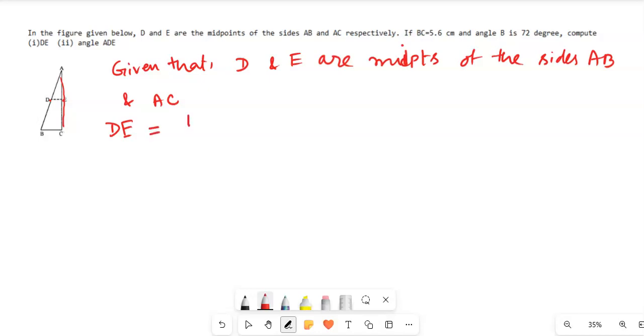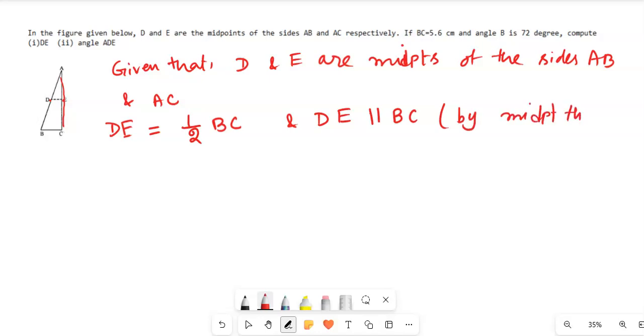Therefore, by midpoint theorem, DE equal to half of BC and DE is parallel to BC. By midpoint theorem, therefore DE equal to half of 5.6 centimeter. That is equal to 2.8 centimeter.